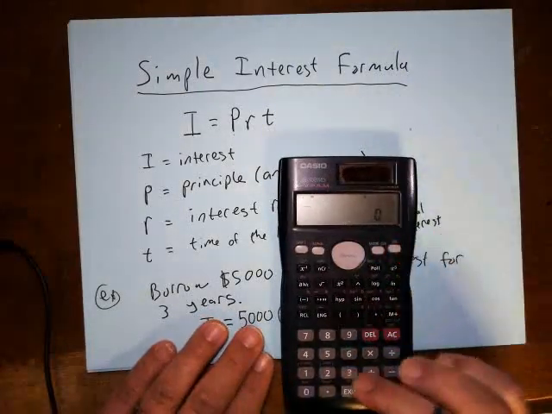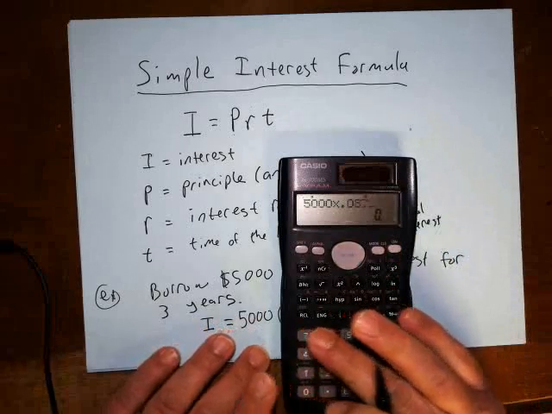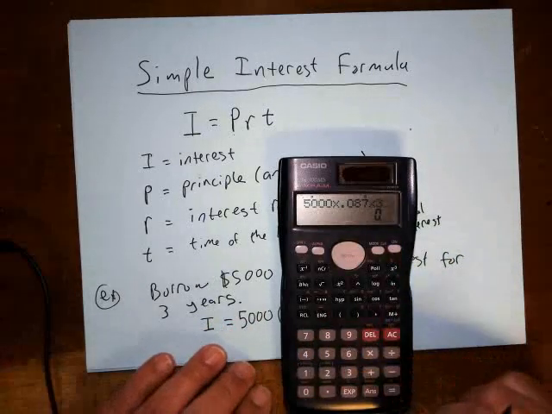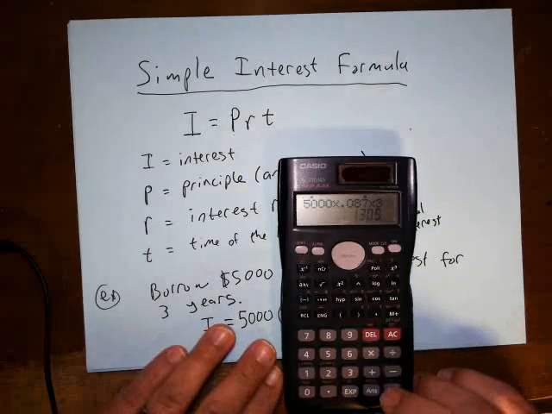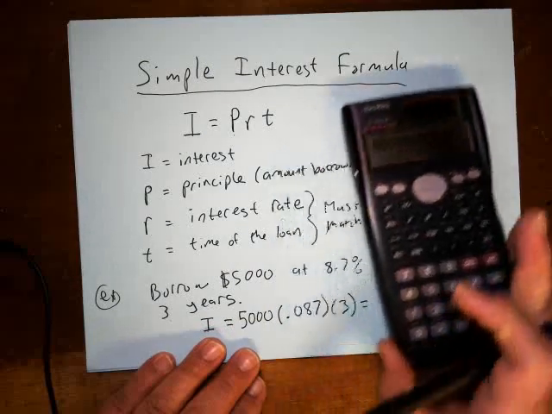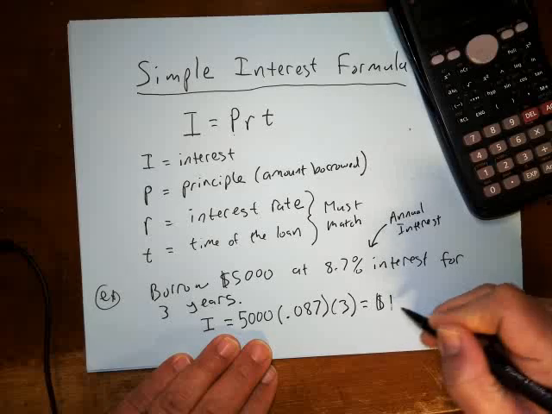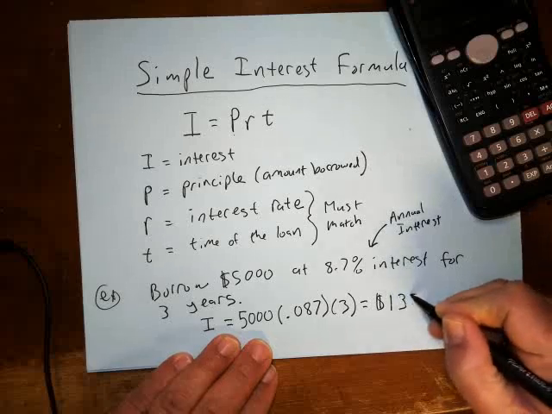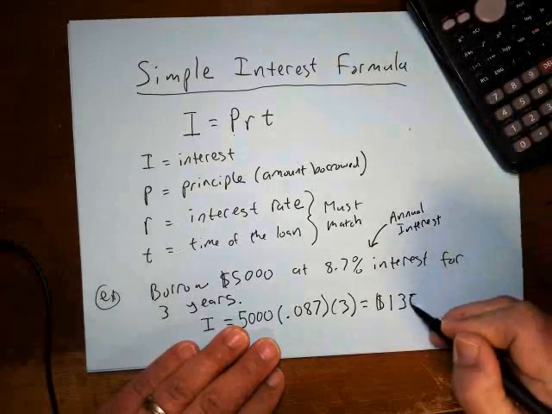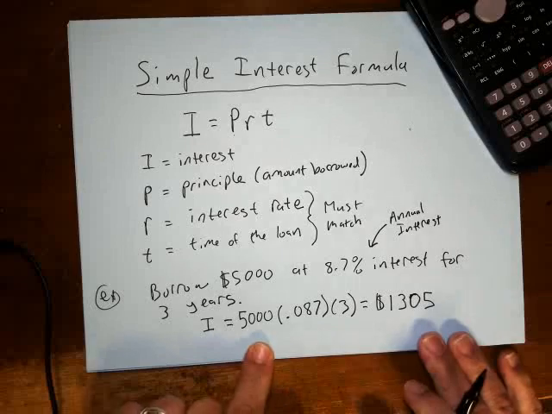Okay, so 5,000 times 0.087 times 3, and that's like $1,305 interest. So that's the amount of interest I owe on this loan.